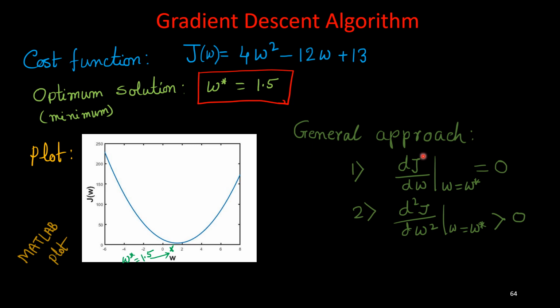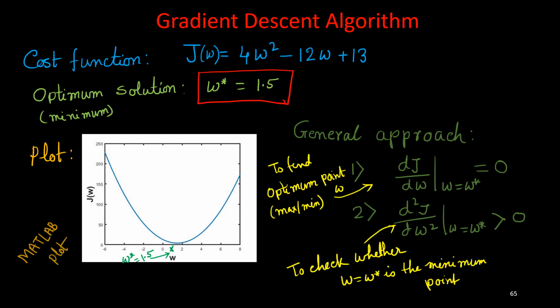From the first equation, we'll find the maxima or minima point, the optimal point, just by solving this first equation, dJ/dw, setting it to 0. If we solve it, we'll get some solution for w. Those w could be either maxima or minima.